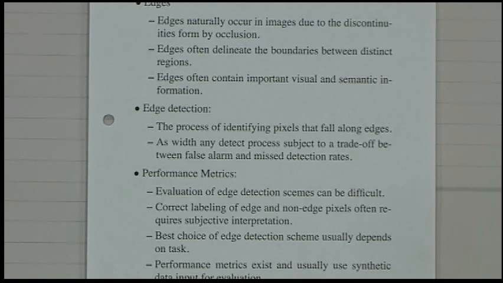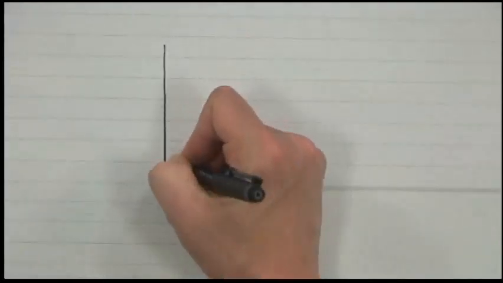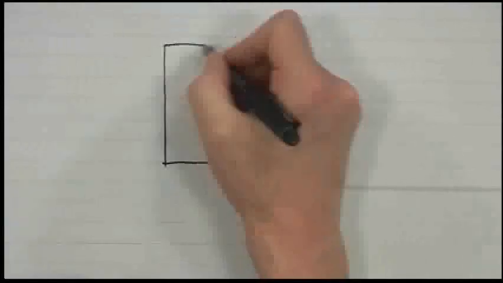Also, even if you have a perfect definition of an edge, so there's some oracle that can tell you this is an edge and this is not an edge, detecting it with certainty is generally not possible, right? So as with any problem where you have to detect something, you're going to have a trade-off between the probability of false alarm and the probability of detection, okay?